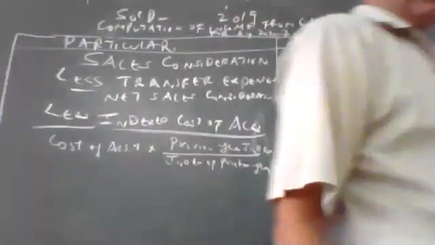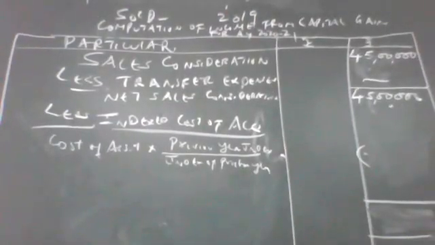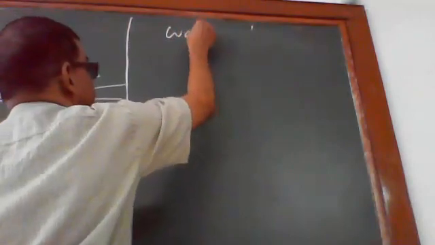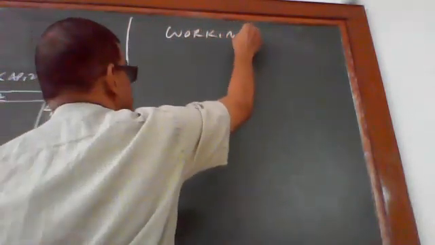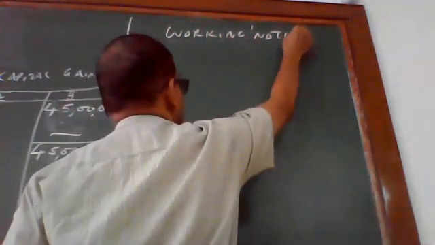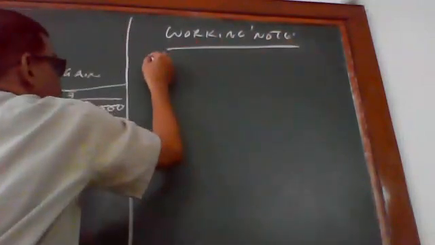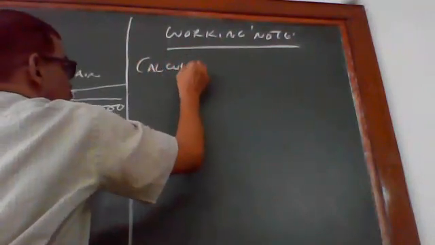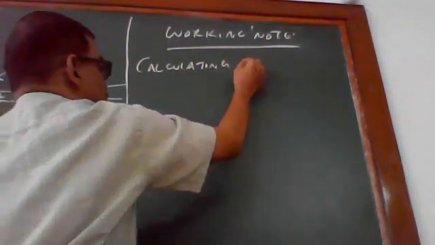I'll remove the board here. Calculating the cost of asset.